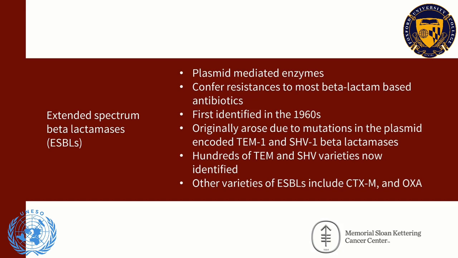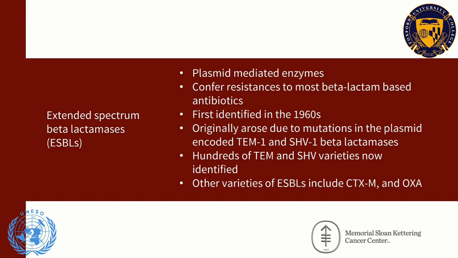These resistant organisms were predominantly identified in hospitalized patients and a cause of great concern because of their ability to cause extensive outbreaks. Initial ESBL isolates arose as a consequence of mutations in the widespread plasmid-encoded TEM1 and SHV1 beta-lactamases.